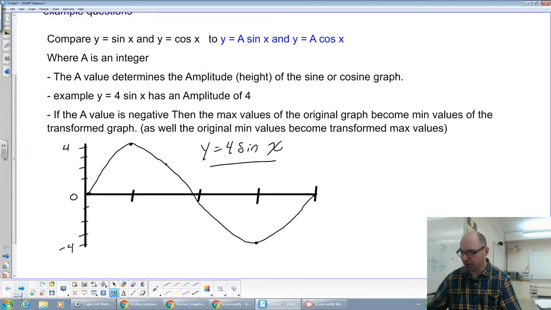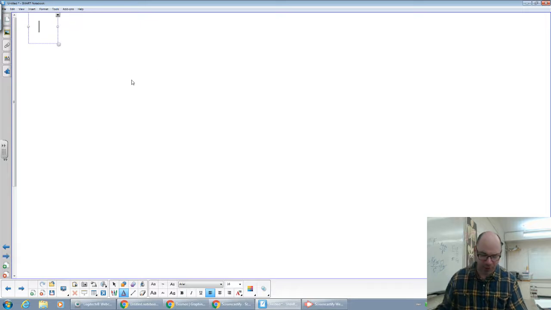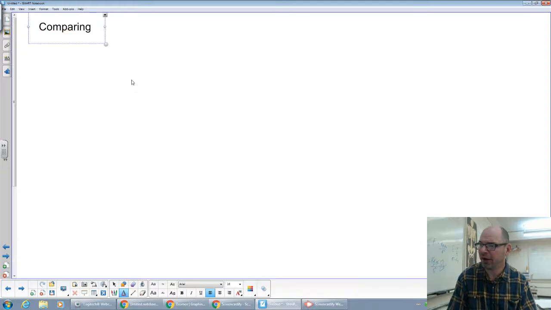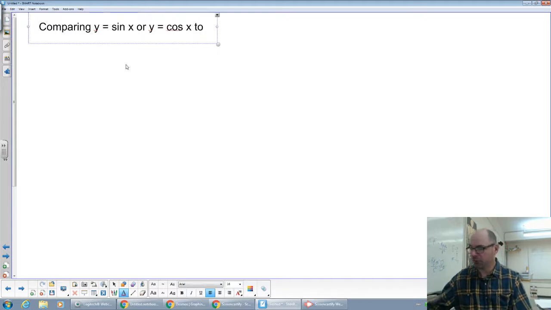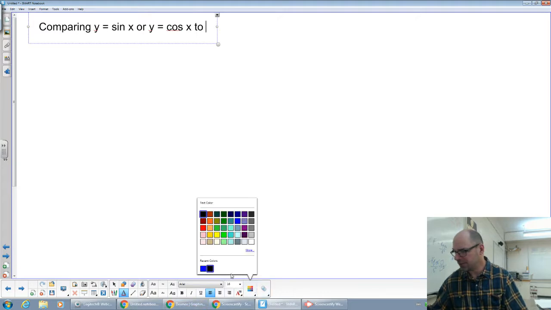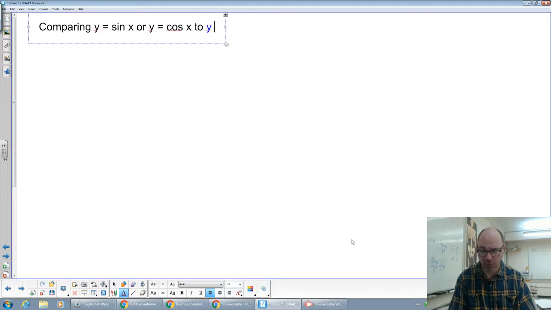Okay, so we're going to compare the next one. All right, so let's bring her up. We're comparing y equals sine x or y equals cosine x to, and we'll do it in blue again, just like we did last time, y equals sine bx.